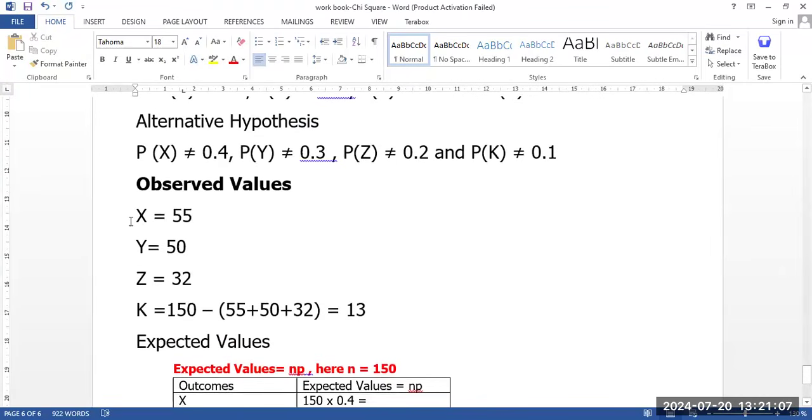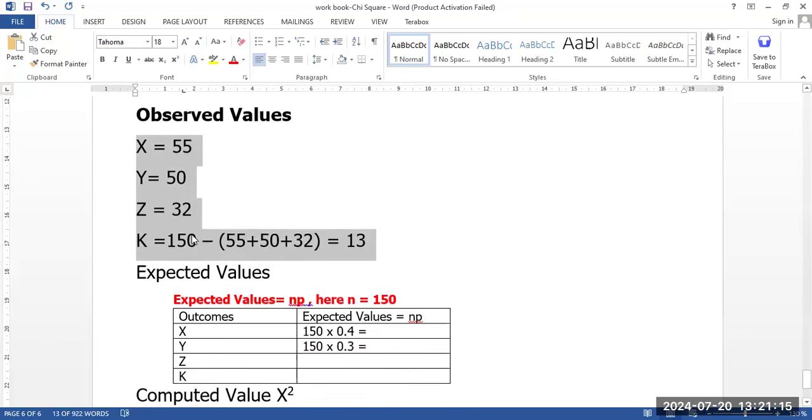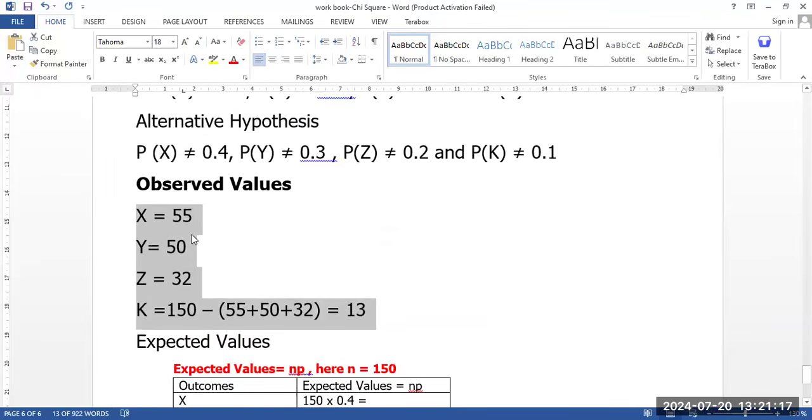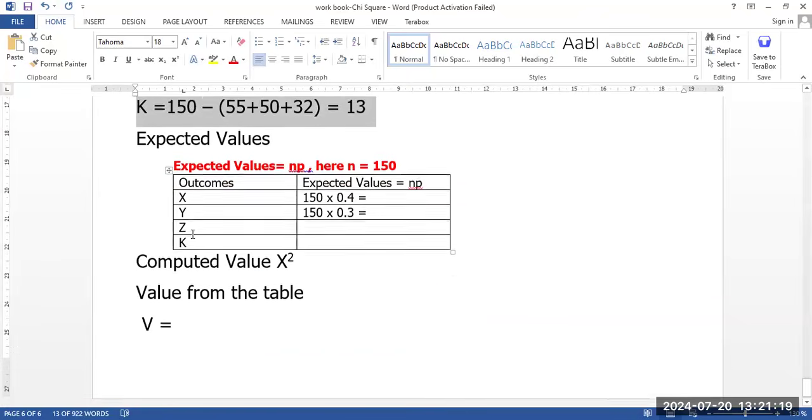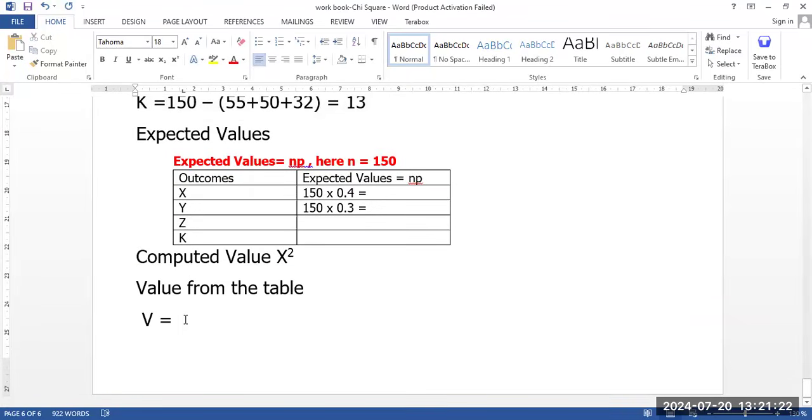You see that your observed values are these ones. So how many rows? How many columns? Remember, it is number of rows minus 1.